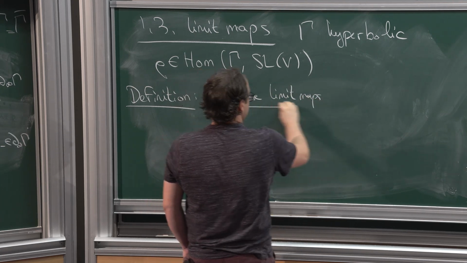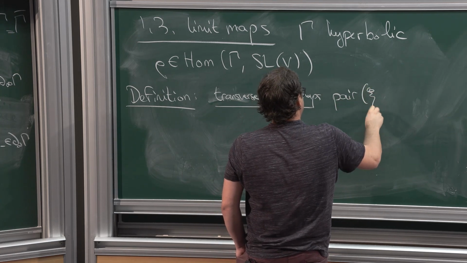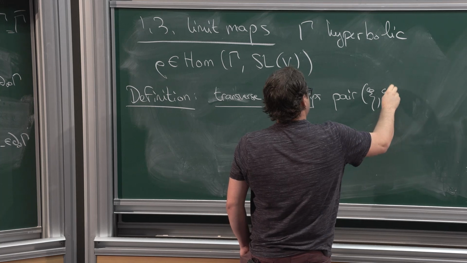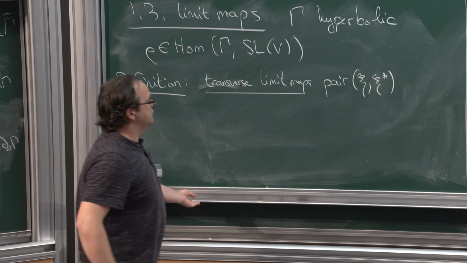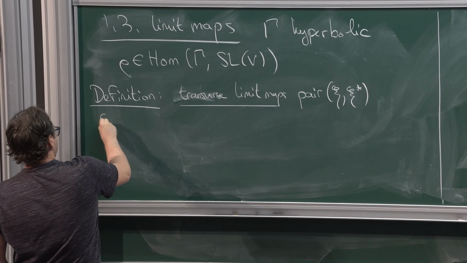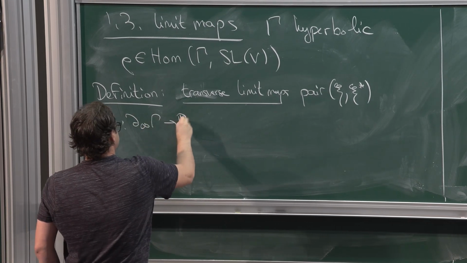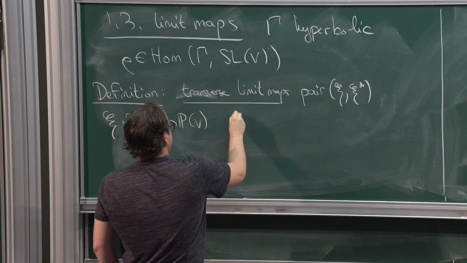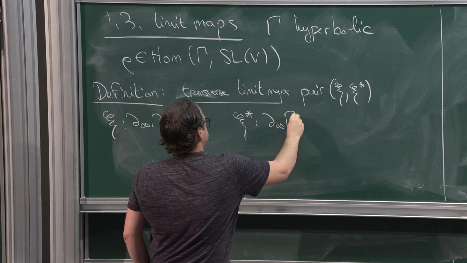Okay, so transverse limit maps, it means a pair psi and psi star, where both of these are maps from the boundary of gamma. So psi is a map from the boundary of gamma to the projective space, and psi star, same thing with the dual space.